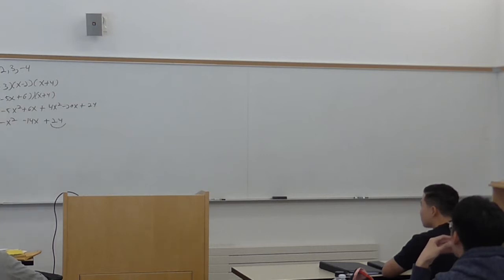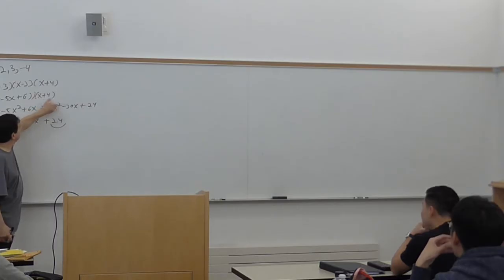I say it should be a little obvious because if you think about how I go about this multiplication, 3 gets multiplied by 2, getting 6, and then that gets multiplied by 4, and that's how I end up with a constant term. It's just multiplying the constant terms.